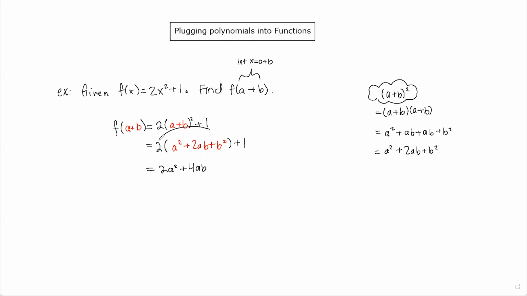Lastly, we'll do 2 times b squared, which is, of course, 2b squared. And then we just have this 1 that's been hanging out there the whole time, minding its business, hasn't done anything to change itself, and so it stays the same. But there we have it, the simplified form of our function f of a plus b given a plus b and the function f of x up there.